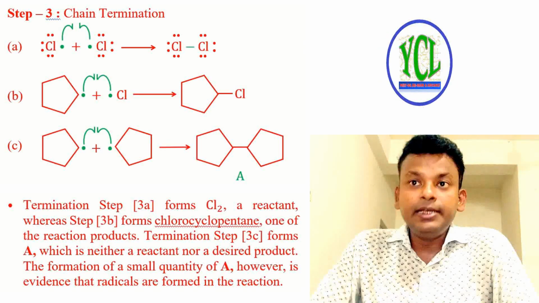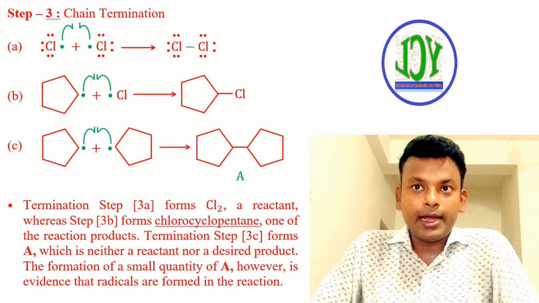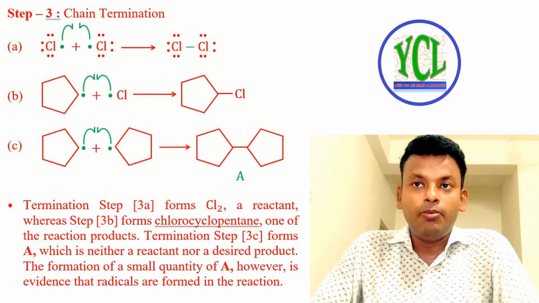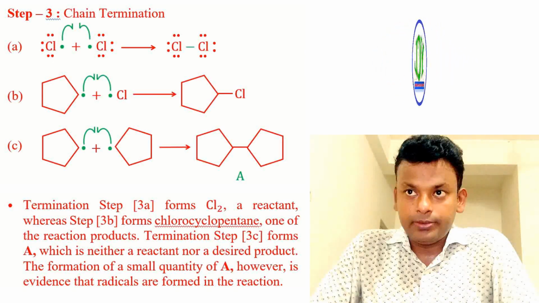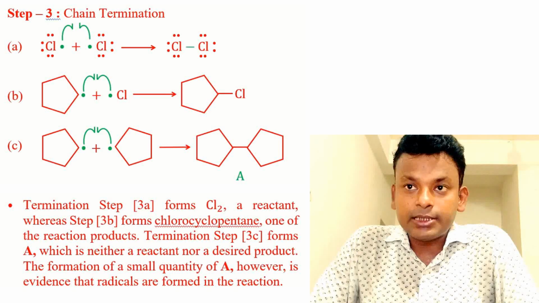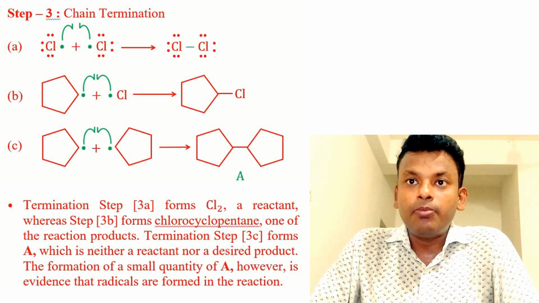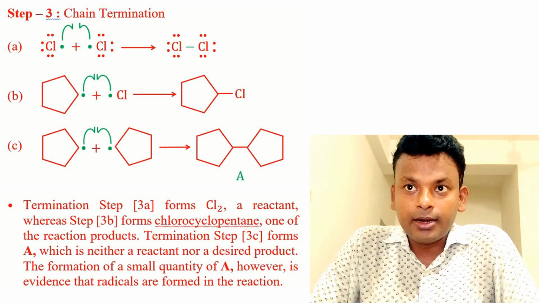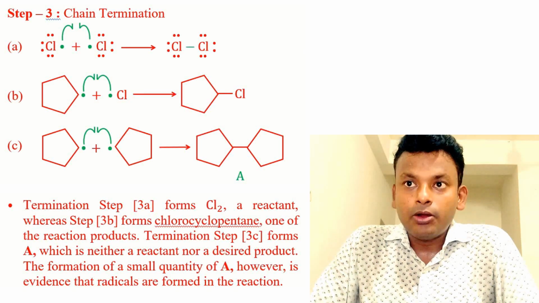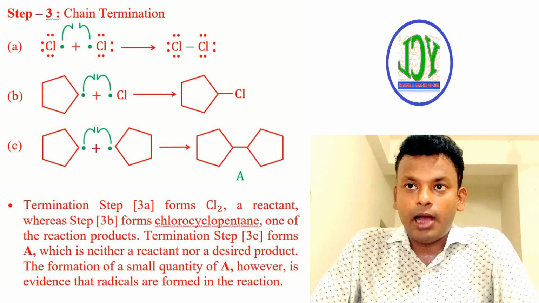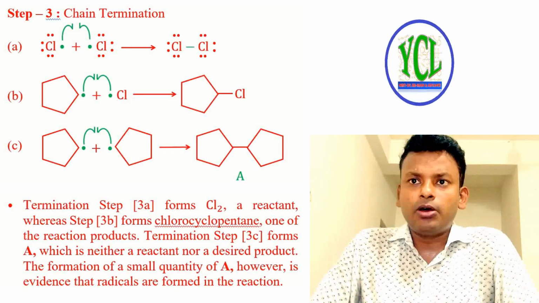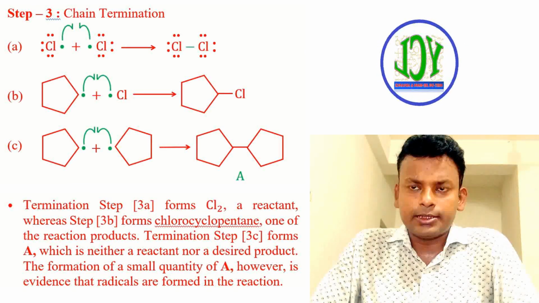Termination step 3a forms Cl2, a reactant, whereas step 3b forms chlorocyclopentane, the desired product, and termination step 3c forms A, which is neither a reactant nor the desired product. The formation of a small quantity of A, however, is evidence that radicals are formed in the reaction.